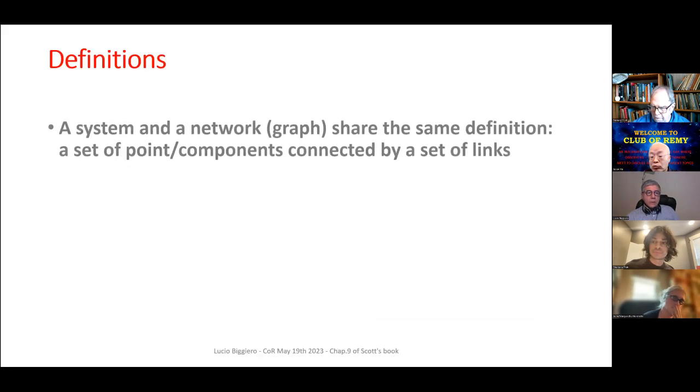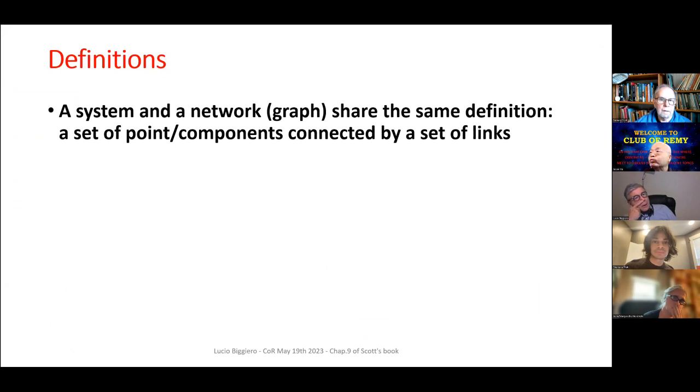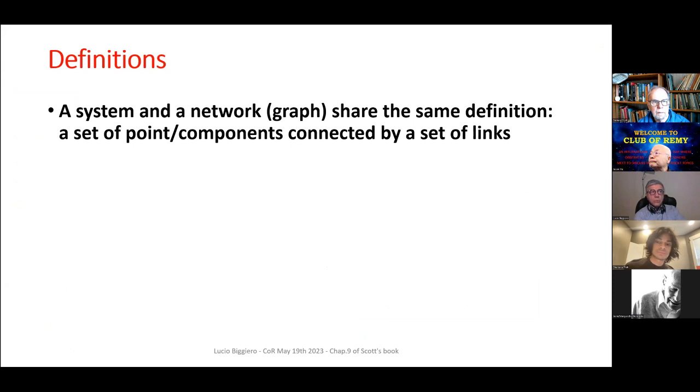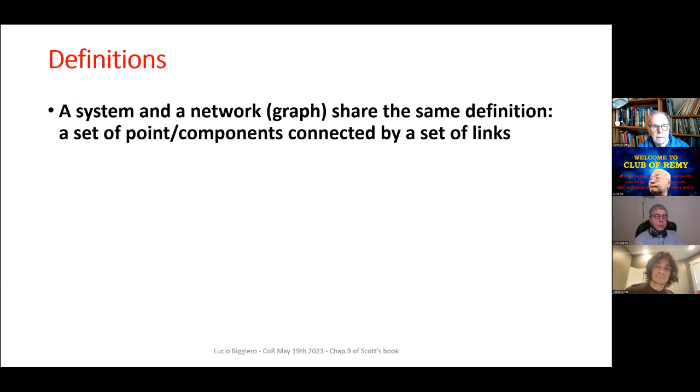Well, let's start from the definitions, because in this chapter, Bernard is trying to draw the similarities, but also the differences, distinctions between social systems and networks and social networks.